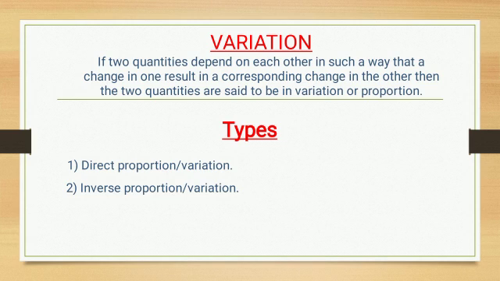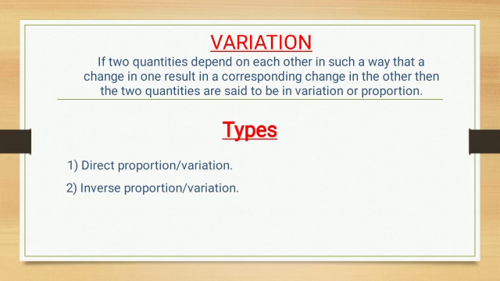Now I have told you there is a relationship between the two quantities, and depending on their relationship, or the change that occurs between them, we have two types of variation. Number one is direct proportion and the second one is inverse proportion.